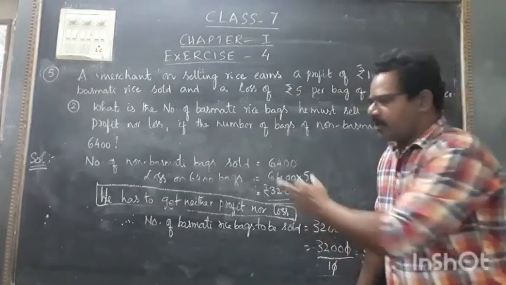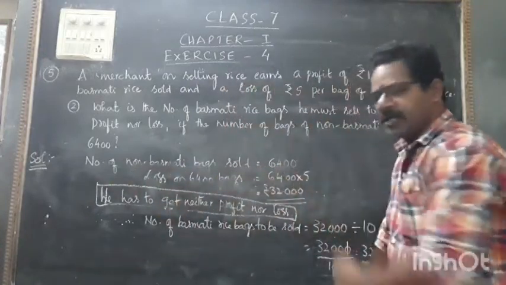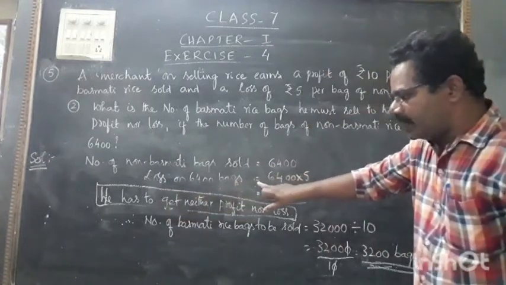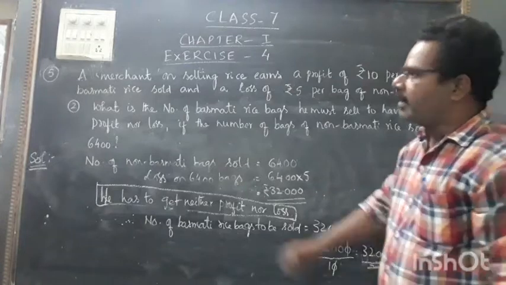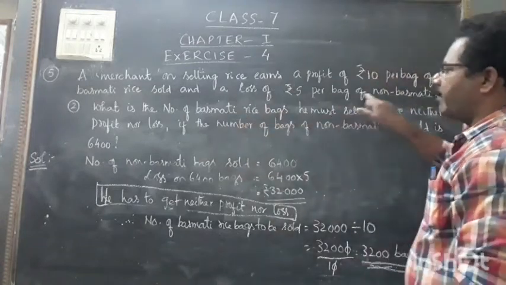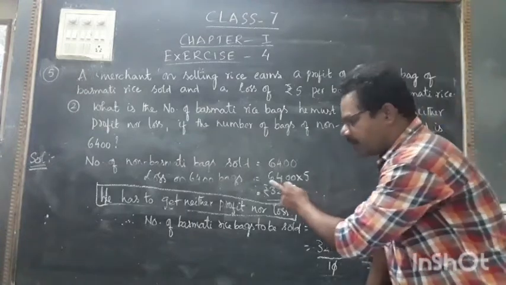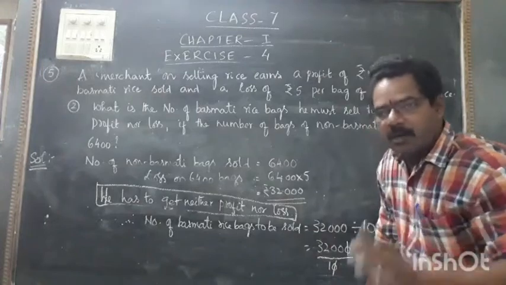Okay. So here 5 rupees loss. Number of non-basmati rice bags sold is equal to 6,400. Loss on 6,400 bags is equal to 6,400 into 5. Why? Because loss of 5 rupees per bag of non-basmati. So 6,400 into 5 is equal to 32,000 rupees he got loss.